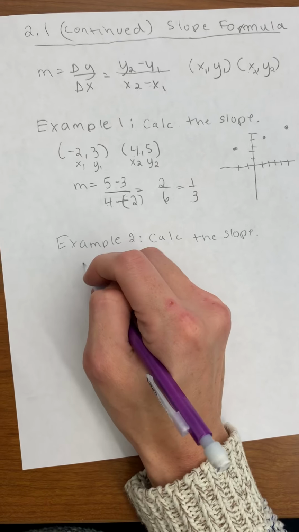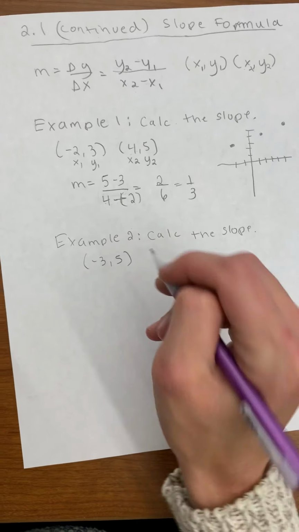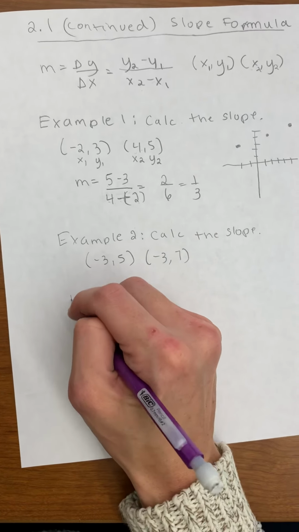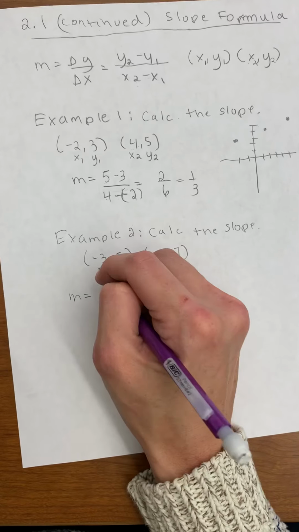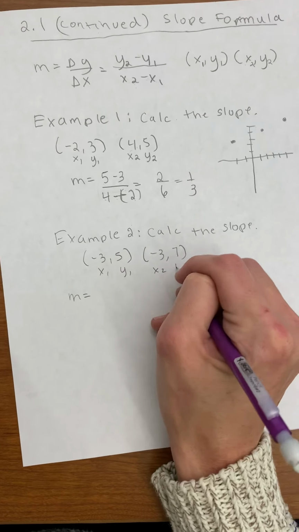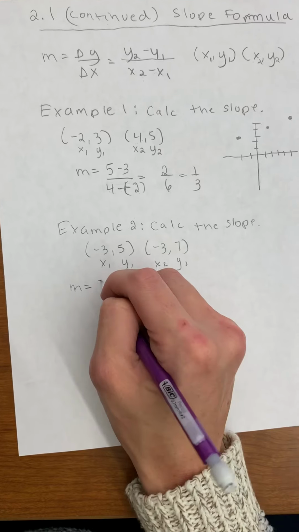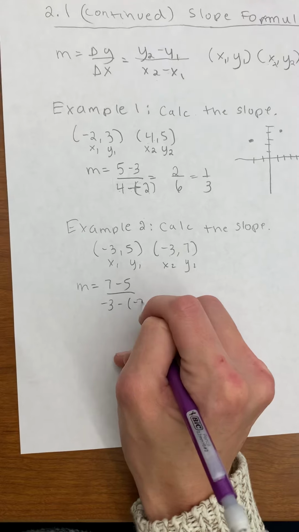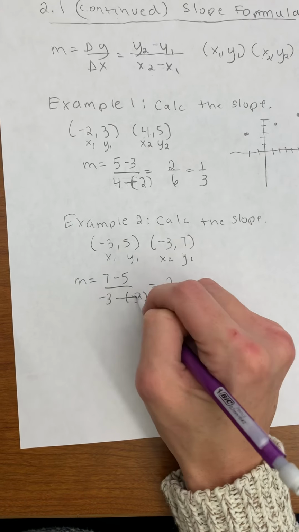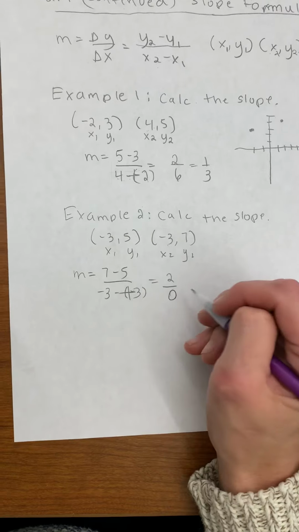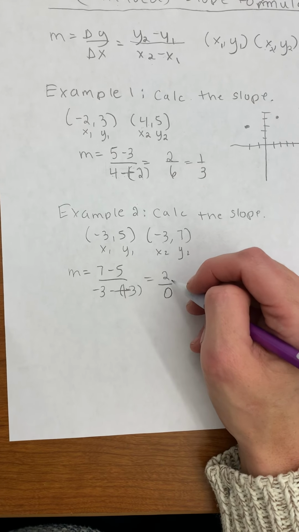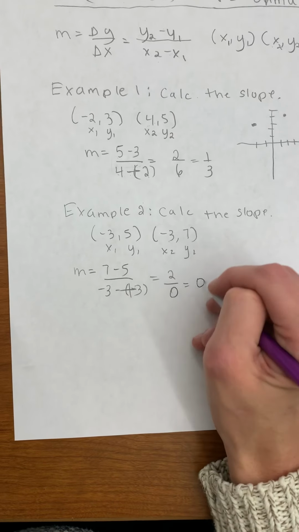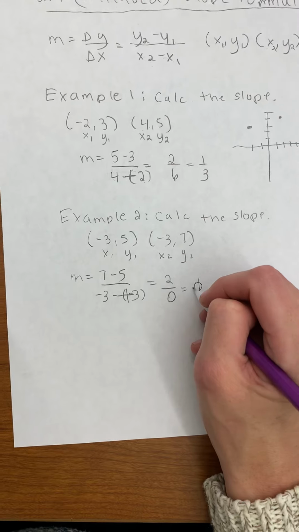If I give you the point -3 comma 5 and the point -3 comma 7, and I go to calculate my slope, so this is x1, y1, x2, y2, and I take 7 minus 5, and I divide it by -3 minus -3. I get 2 over, add those together, 0. And if I think about this, how can I divide a number into nothing? Impossible. This is an undefined scenario. That means my slope is undefined.